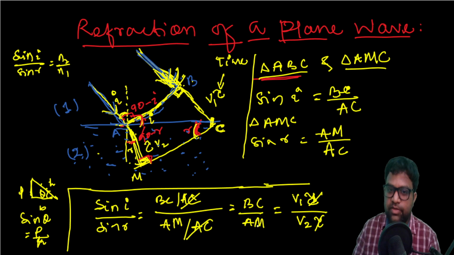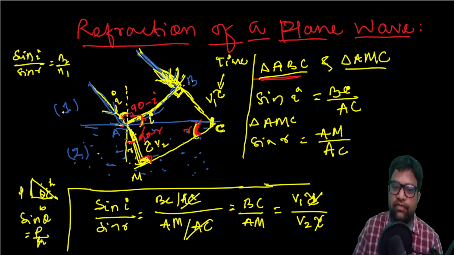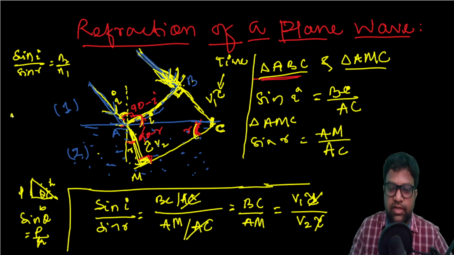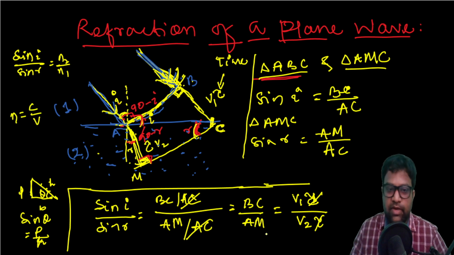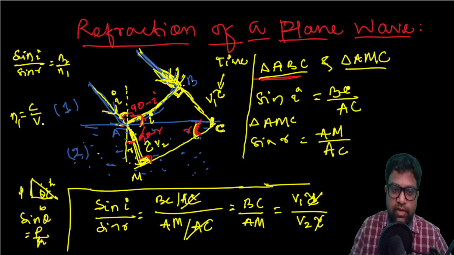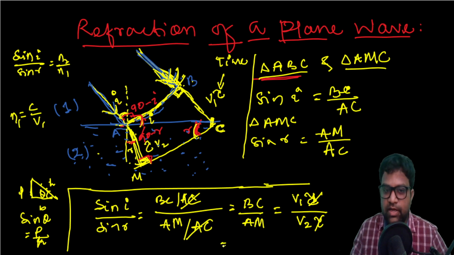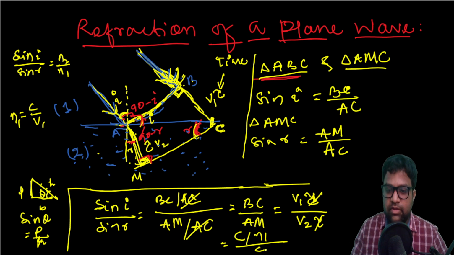So V1 by V2. Now the definition of refractive index is N is C by V. So N1 equal to C by V1, or V1 I can write C by N1, divided by C by N2. So C gets cancelled, N2 will be the numerator, so it will be N2 by N1.